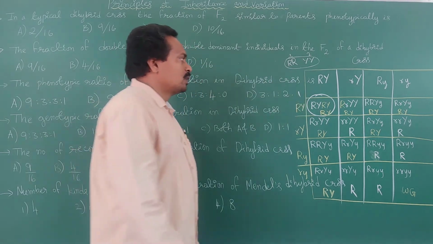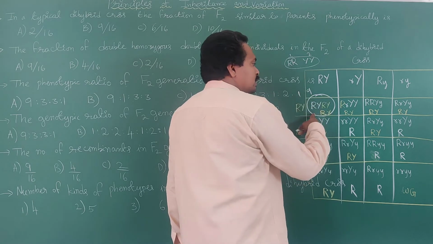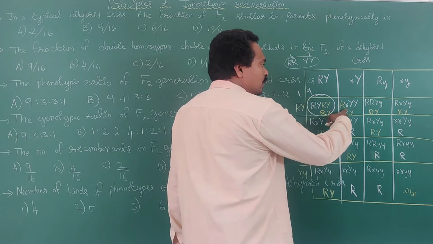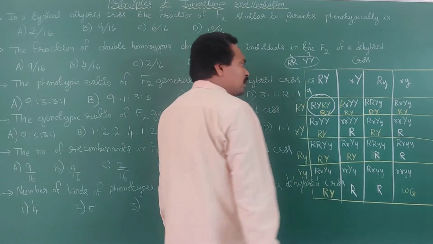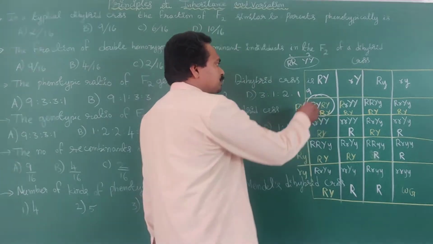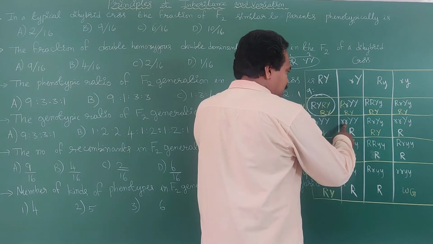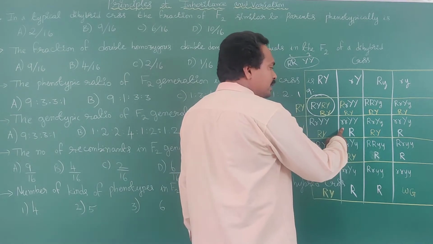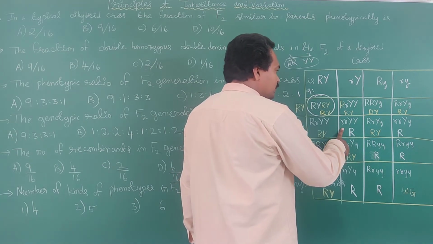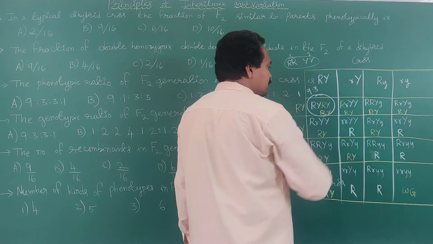Among these, round yellow, how many are there? This is round yellow, 1, round yellow, round yellow, round yellow. Like round yellow, how many are there? 9. Okay. What about this? Wrinkled yellow. Wrinkled yellow is the recombinant. Wrinkled yellow, 3.